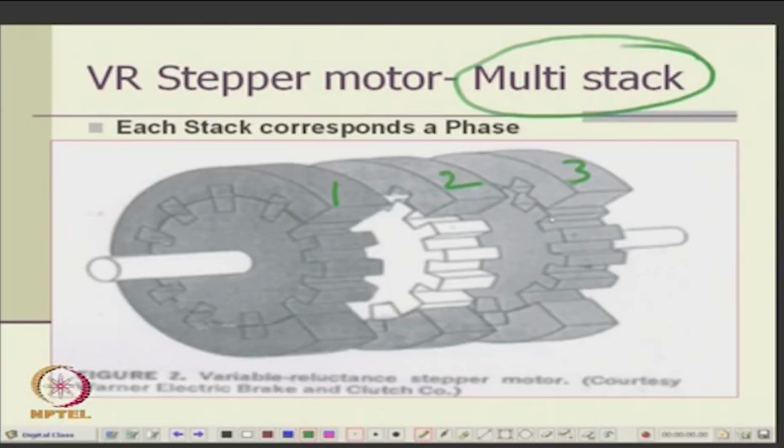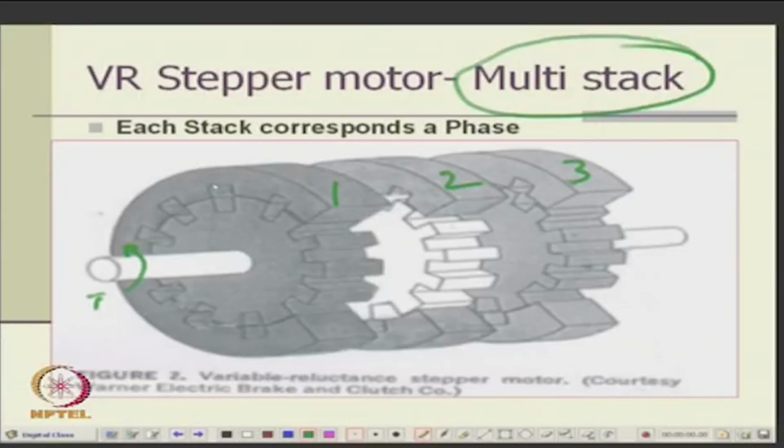Now, afterwards you excite this, so this will move. So, the shaft gets a torque by successively varying excitation. So, here there are only 3 coils now. Multi-stack means there are not multiple coils in each stack, have you understood? There is only one coil in each stack. So, it energizes the poles.